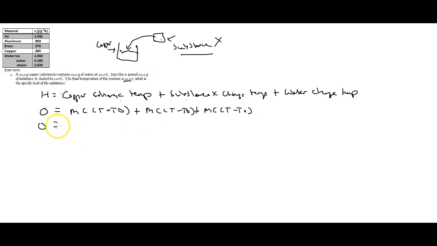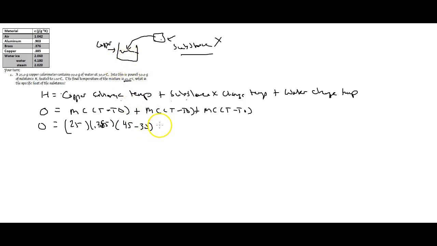So right here, the first thing it says is the copper calorimeter. The mass of the copper calorimeter is 25 grams. Its specific heat is 0.385, which is really easy to heat up. Final temperature is 45. Initial temperature for that was 30. How do I know it's 30? Well, the water inside it was 30. It's been sitting there for a long time.